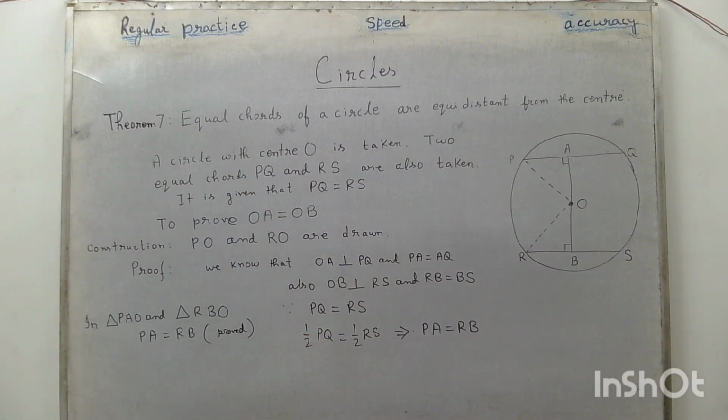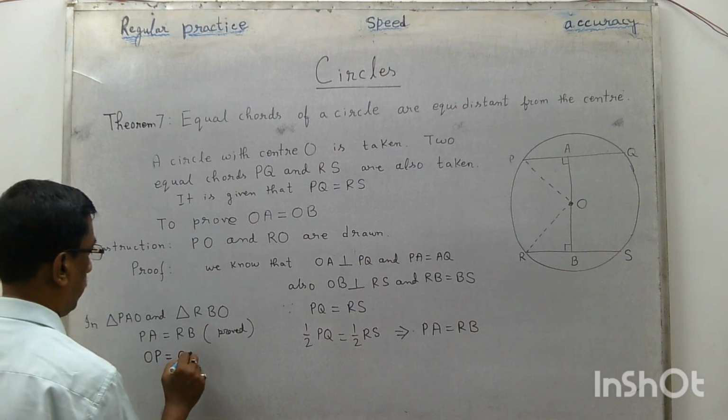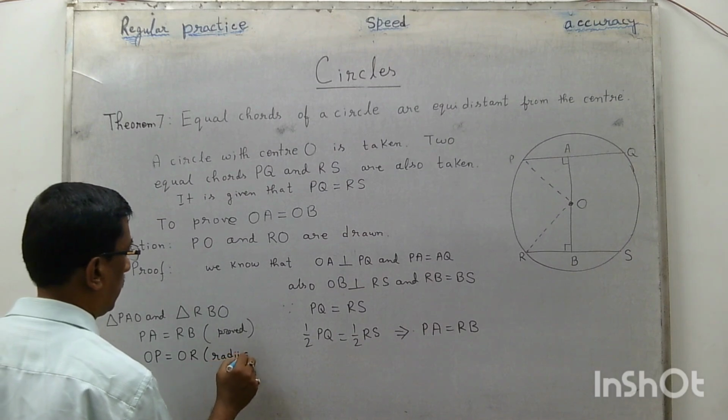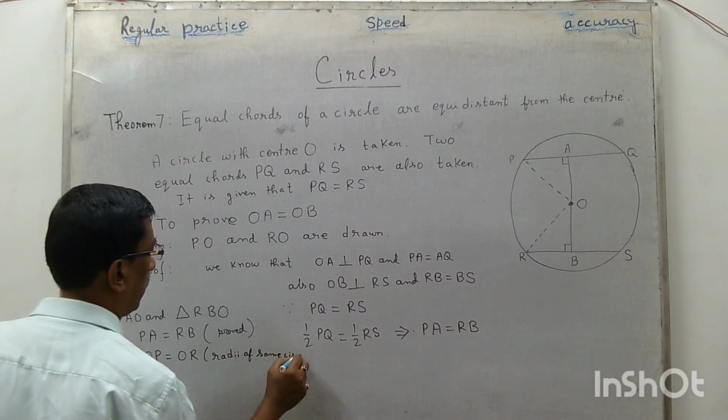OP equals to OR, radii of the same circle.